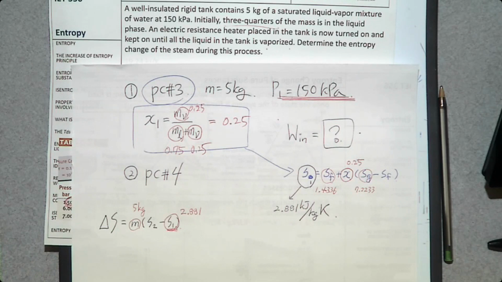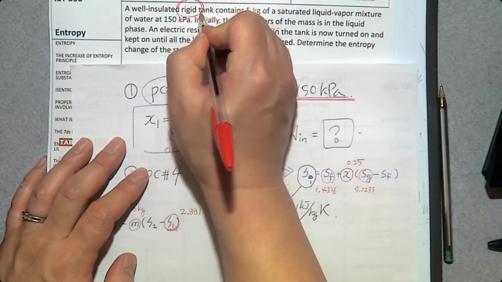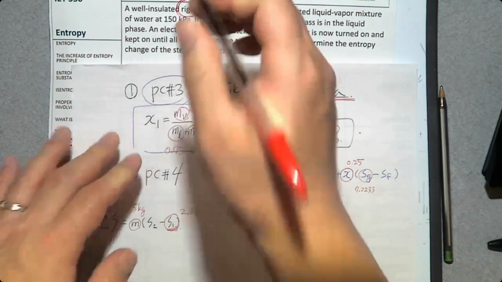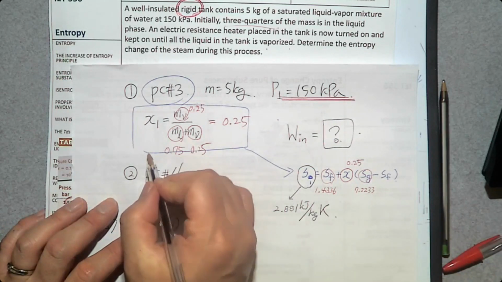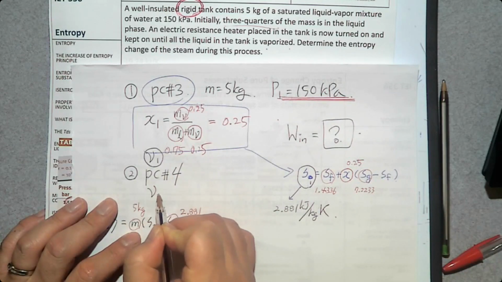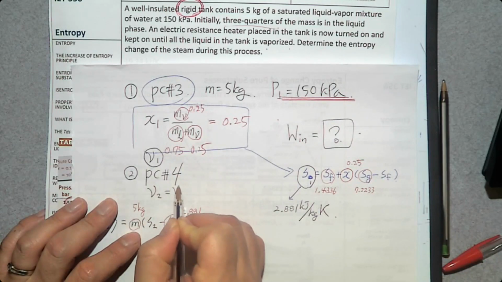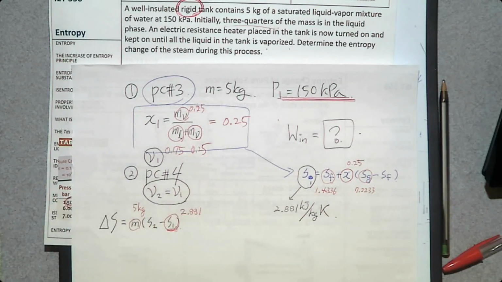One thing we know is it is a well-insulated, rigid tank. What is the characteristic of this rigid tank? Its volume V remains constant. So if you can calculate volume V from the initial state, that volume V is the same as the final state. So we can find the specific volume at the end of this process.